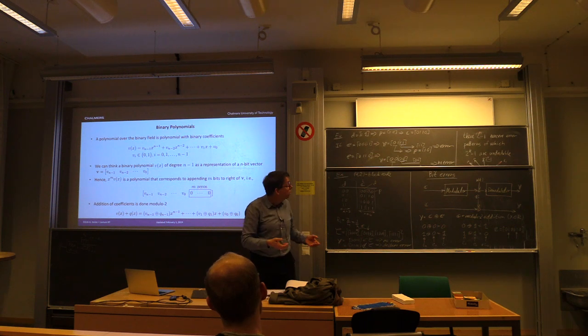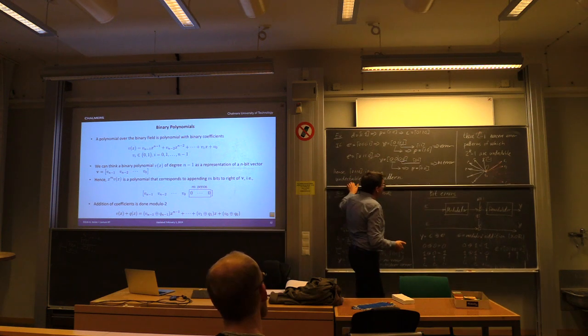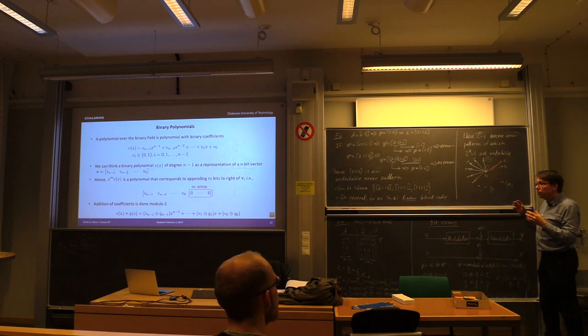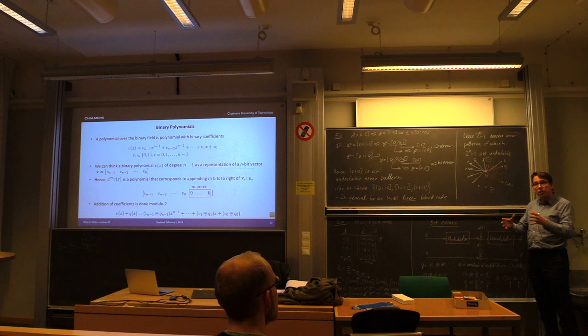In error detection, at its core is to figure out at the receiver whether the received bits are in the code or not, whether it's a code word or not. That's the thing. Right? It's the only thing that we need to do.